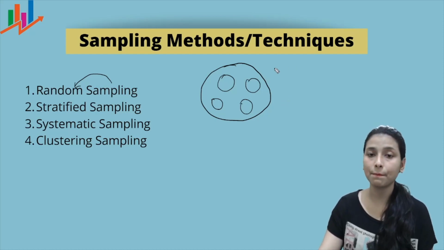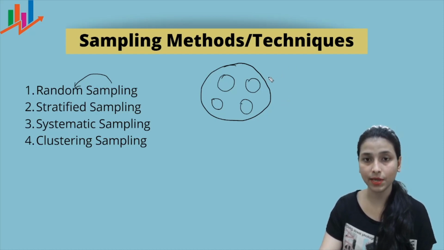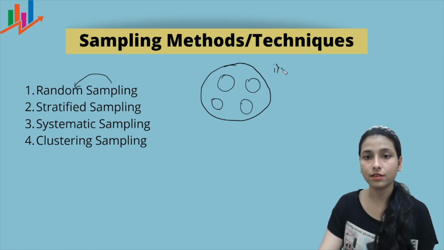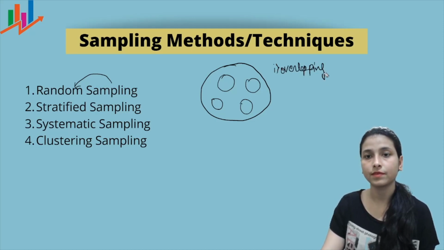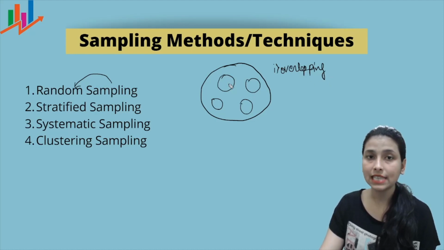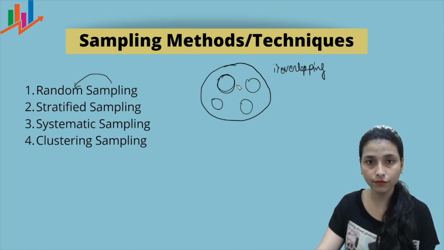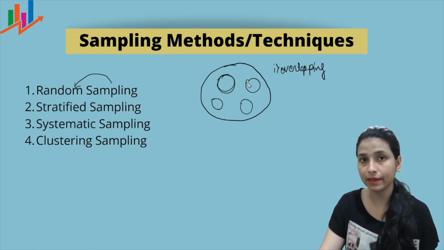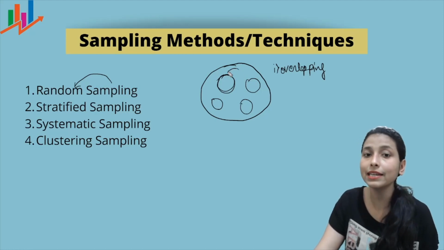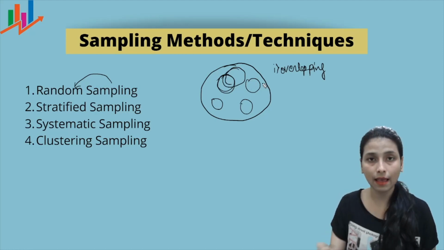But random sampling can have disadvantages as well. The first disadvantage is overlapping. We may end up sampling the same data again. Like we just took the sample of this specific part, it may happen that in a random manner, I might get this sample again.